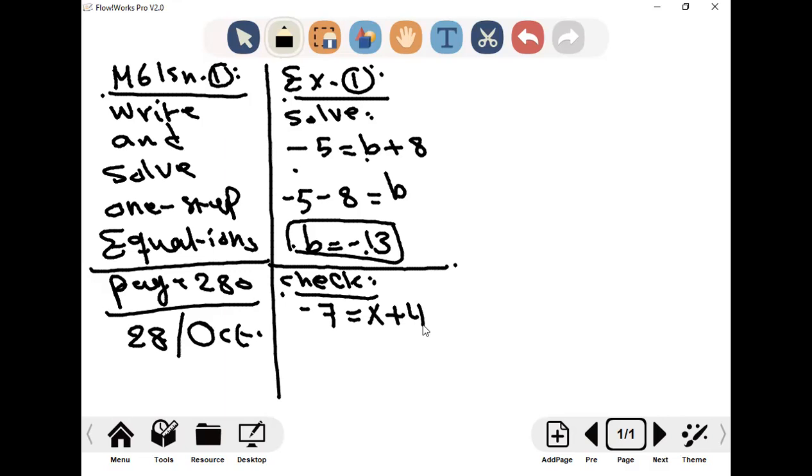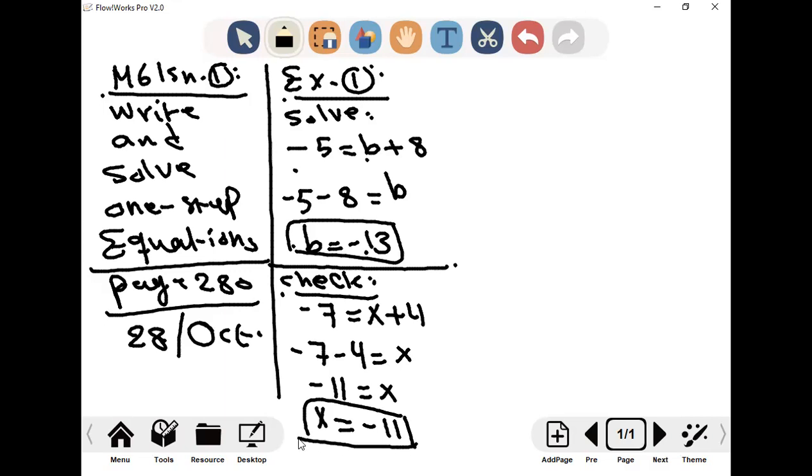To get rid of the connected number, shift it to the other side. It will be -4. So here -7, bring the -4, and it will be equal to x. So -7 - 4 is negative, and we write it as x = -11.